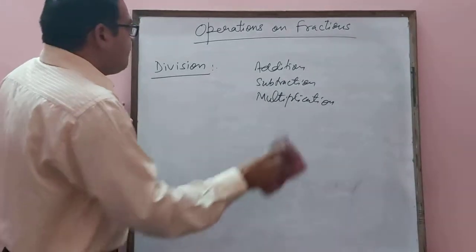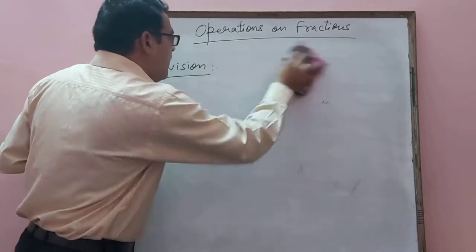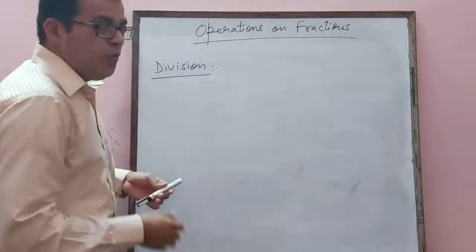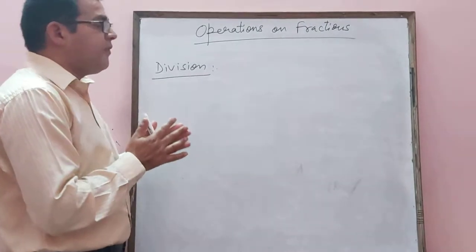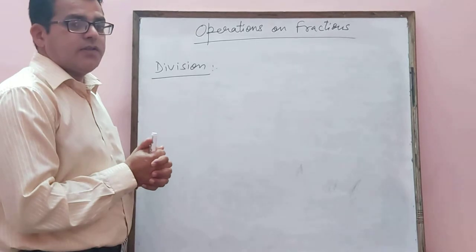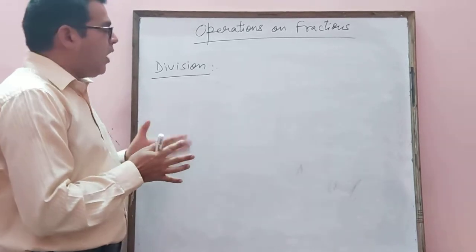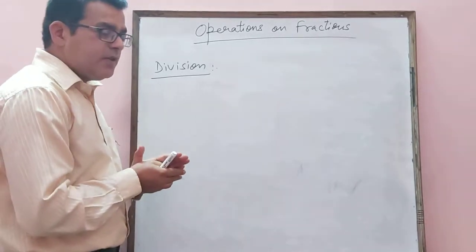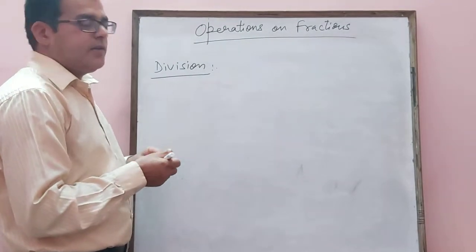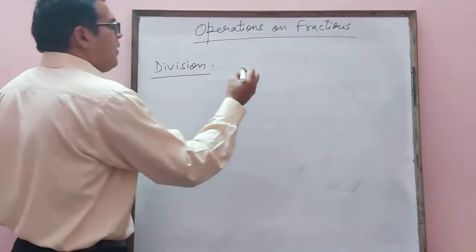So in today's class, we will discuss how we can divide one fraction by another fraction. Now only division is left. So today we will learn how we can divide. So, an example I am taking here.